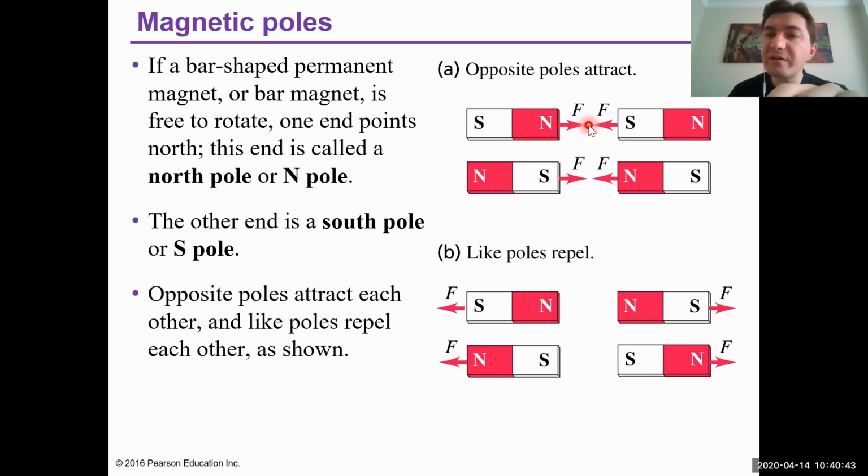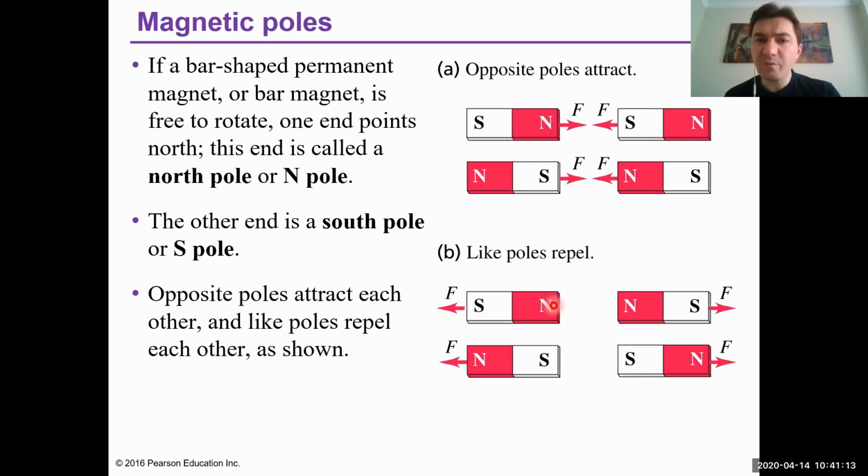You can consider a positively charged particle and a negatively charged particle, and there is an attractive electrostatic force in between. You can consider it like this, but it is of course completely different. So here we have S pole and N pole, and there is again an attractive force. And the second situation, like poles repel each other.